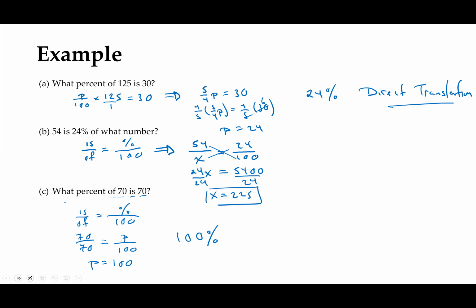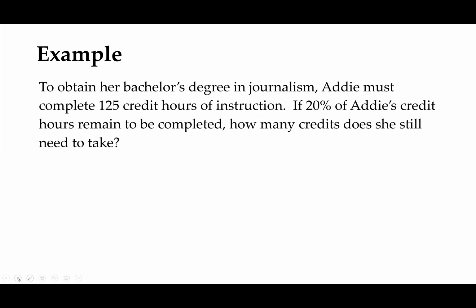Okay. So let's put this into practice. Okay, see some problems that might be more common context. So to obtain her bachelor's degree in journalism, Addie must complete 125 credit hours of instruction. If 20% of Addie's credit hours remain to be completed, how many credits does she still need to take? Okay. So she still needs to take 20%.